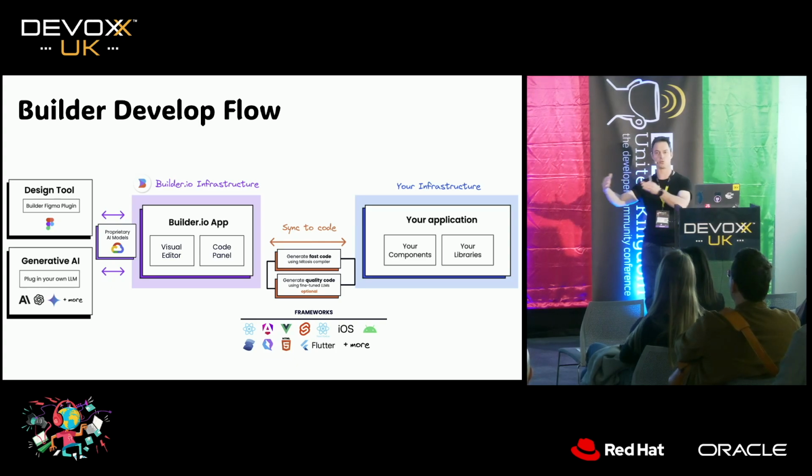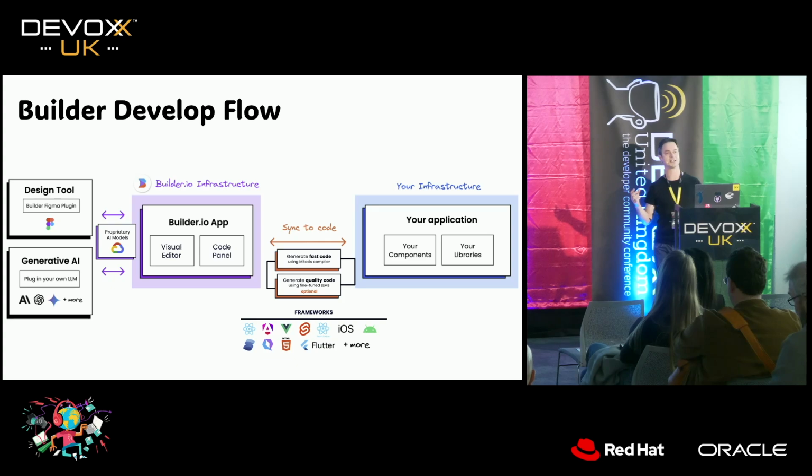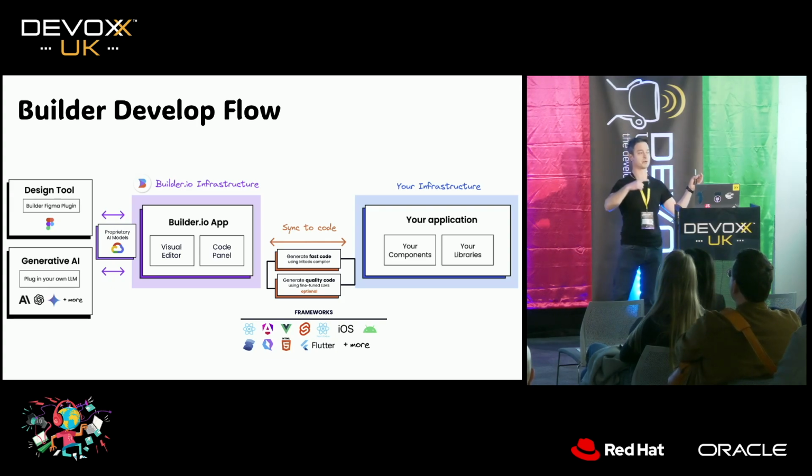So this goes in one direction. However, as you can see, the sync-to-code arrow has a bidirectional flow. That means that we can even, and this is very important, map our existing code components to Figma components, so the other way around.